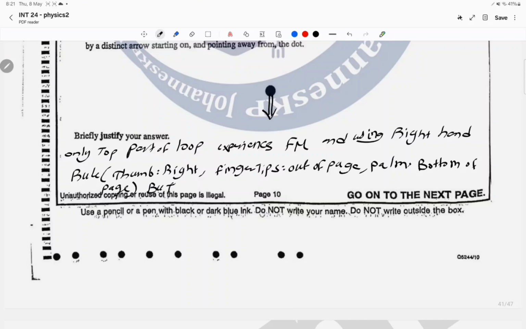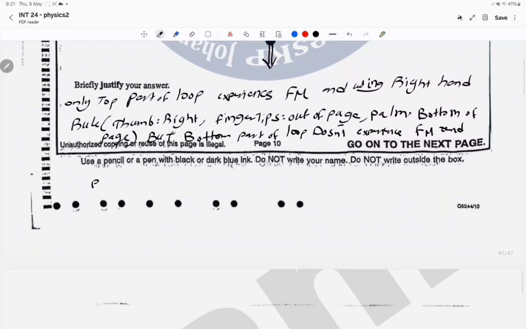But the bottom part of the loop doesn't experience any force. And the right and left sides of the loop have a net magnetic force of 0. Okay.